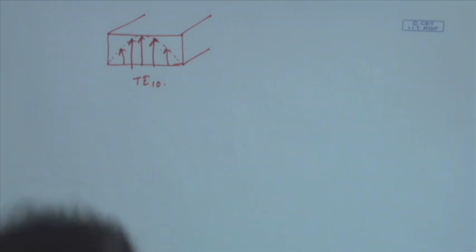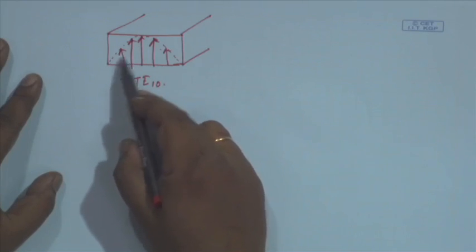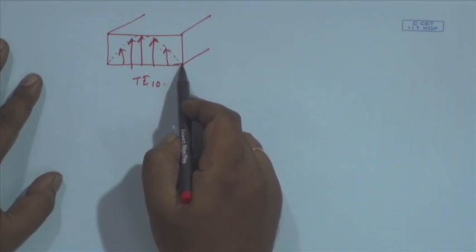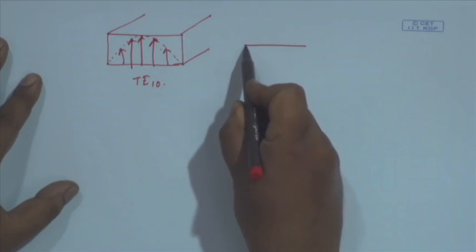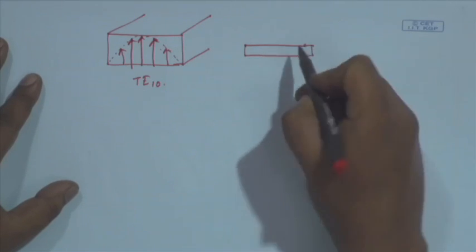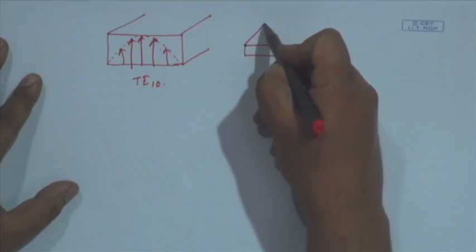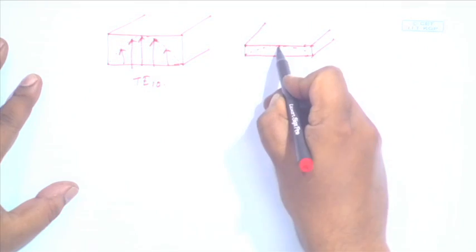It is maximum on the mid plane, and if I go to the left or right side, the field strength decreases. Now, I am considering one more rectangular waveguide, but its thickness is much smaller compared to this, and it is also supporting a similar TE10 mode.